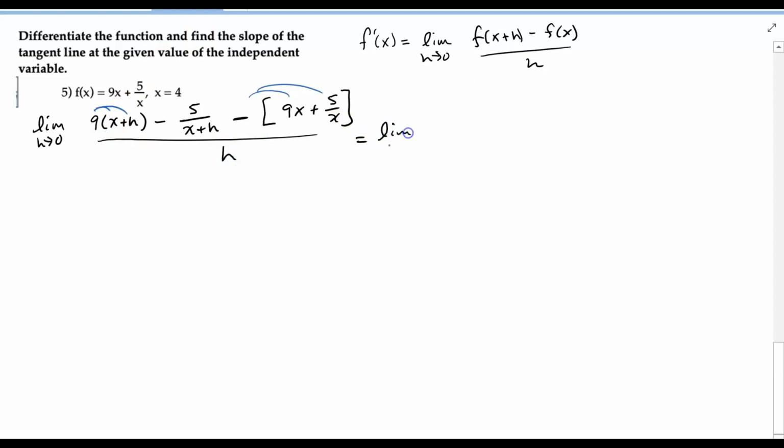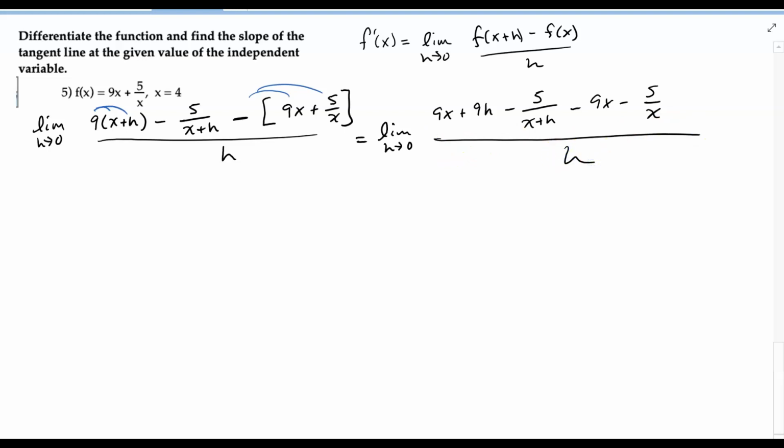This is the limit as h approaches 0 of 9x plus 9h minus 5 over x plus h minus 9x minus 5 over x. So when you see here what happens, of course I can't keep forgetting this divide by h, but that's okay.